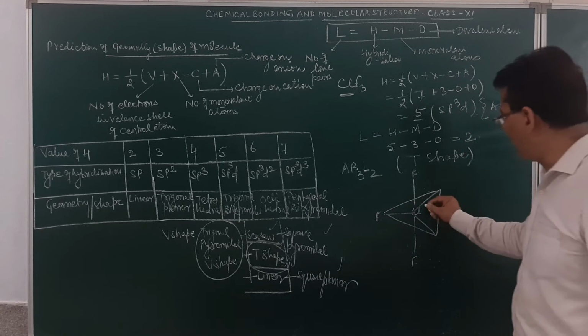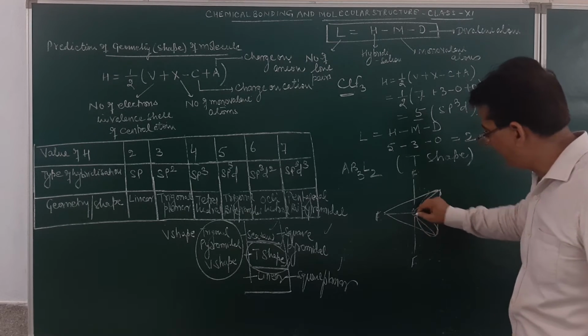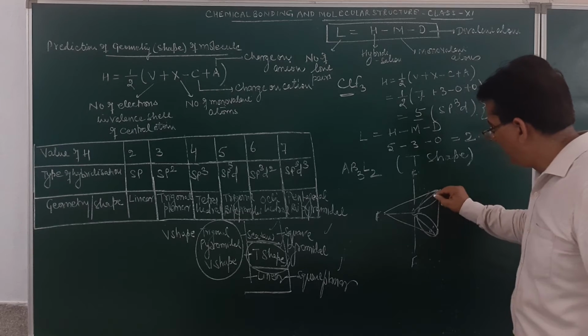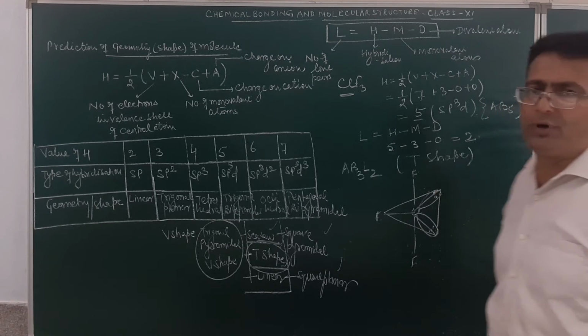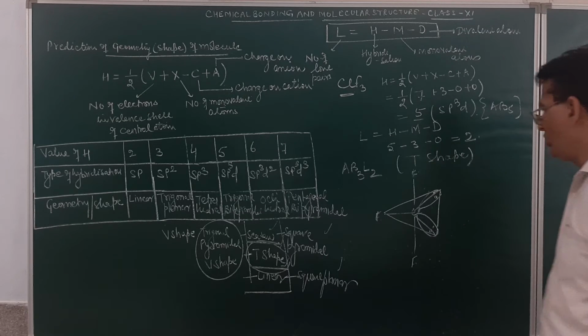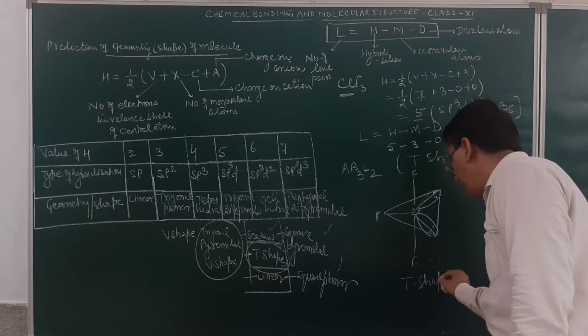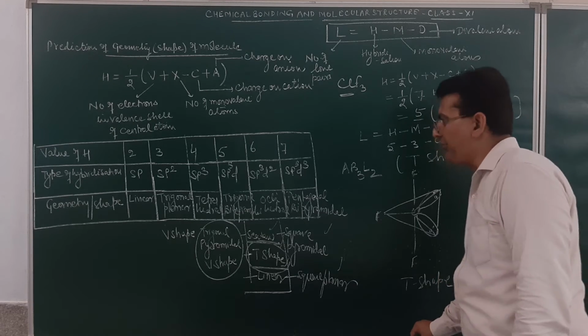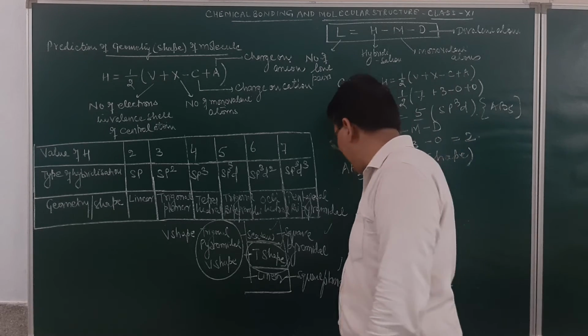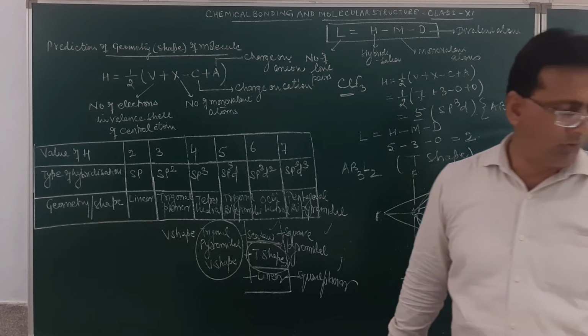The 2 lone pairs of electrons are to be put over here, 1 here and 1 here. This is the T-shaped geometry of the ClF3 molecule. Am I clear? So this is T-shape.